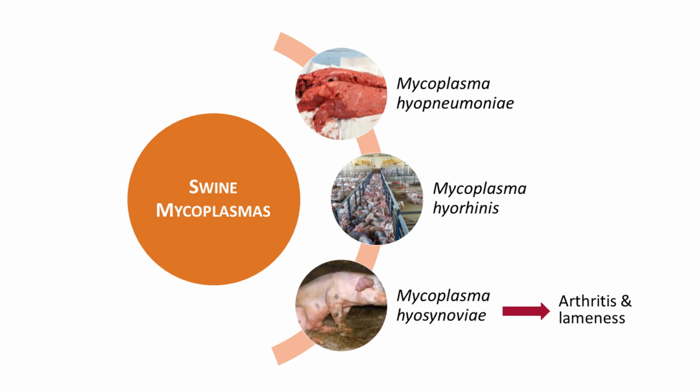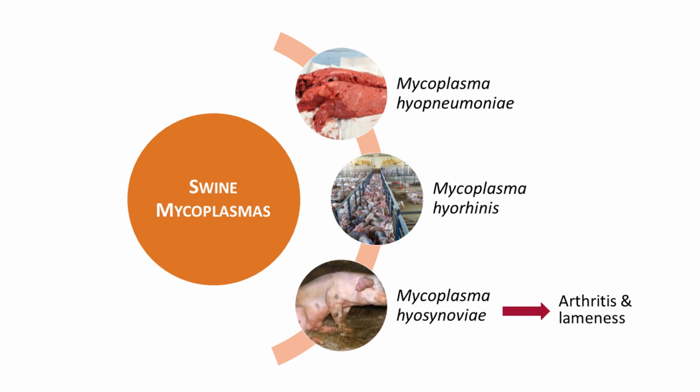Mycoplasma hyosynoviae is an important agent causing disease in pigs, mainly evident in arthritis and lameness in those animals. Apologies in advance if I mix up the names. Sometimes it happens, but we'll be talking about Mycoplasma hyosynoviae here.